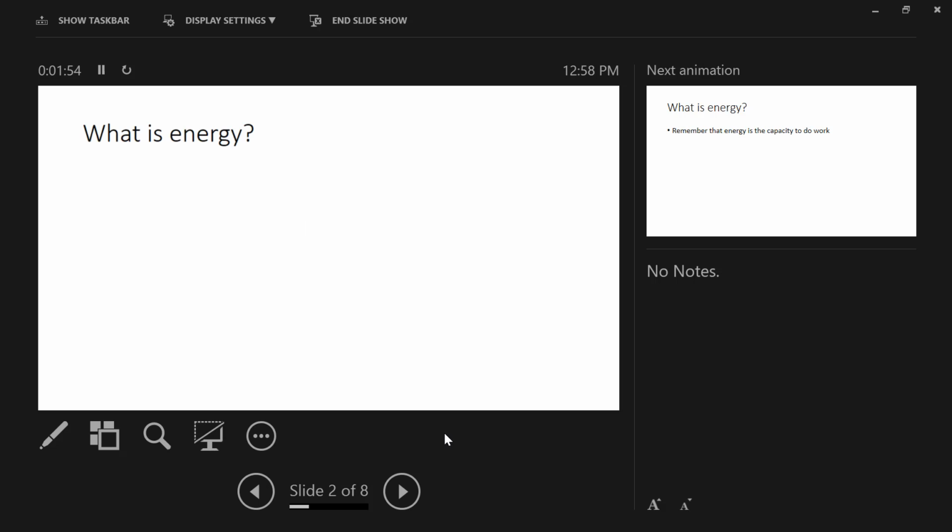So as we work in that direction, our first question that we're going to address is this: what is energy? And we've had this question before, actually a couple of times. And it's nice to just always go back to our definition of energy so that we can continue to connect concepts. So remember that energy is defined as the capacity to do work.